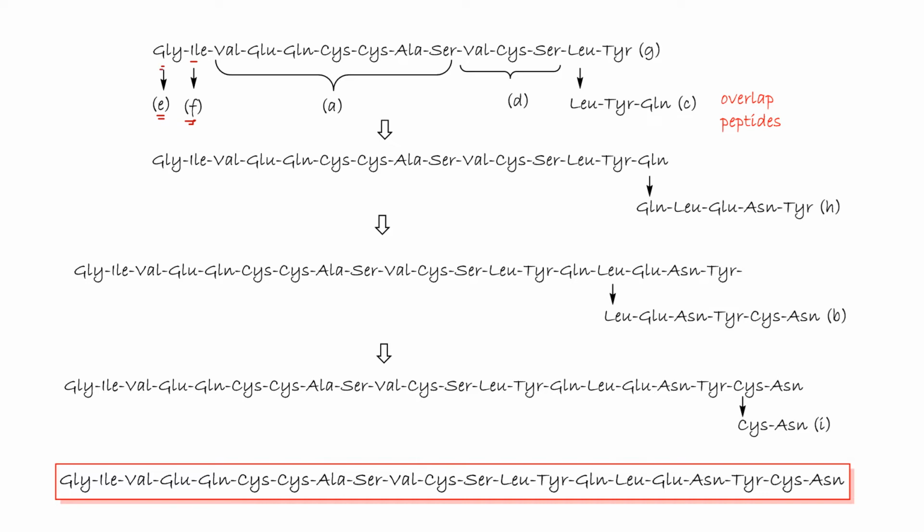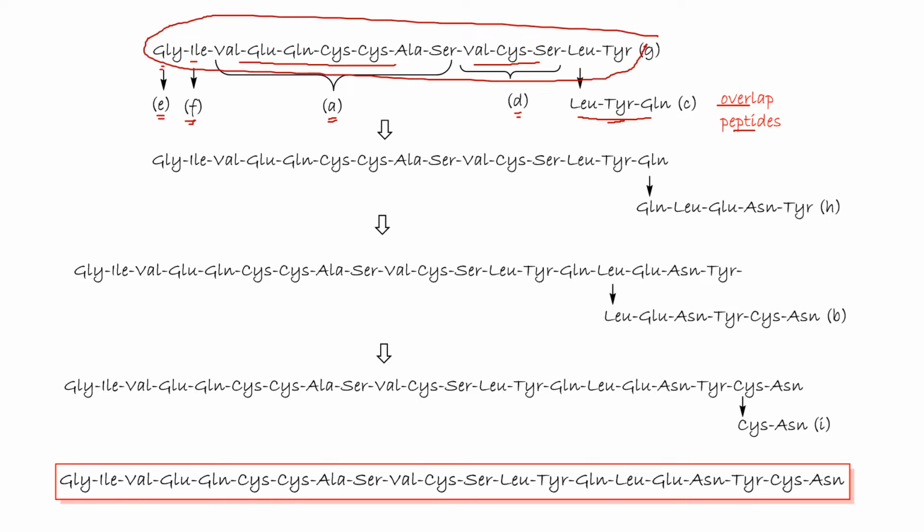Okay, and we have again this part and this part are there, and leucine, tyrosine, glutamine, again they are overlapping peptides. So we can connect these together, the series now from G, by adding or verifying where E and F and A and D and C, we link C to G and we form another unit.